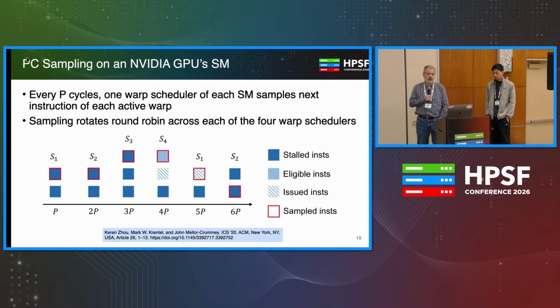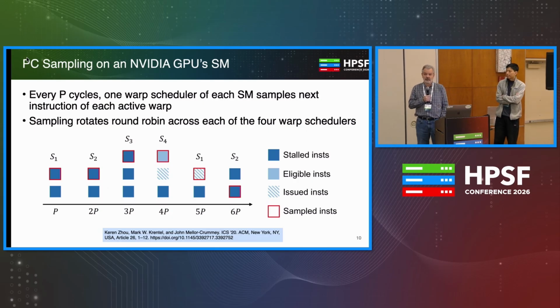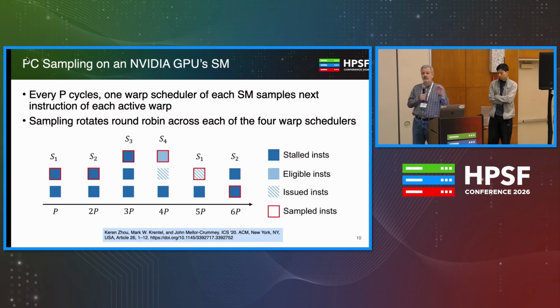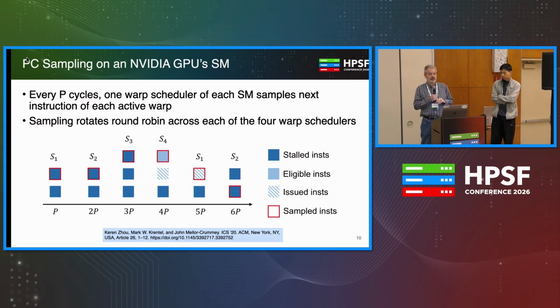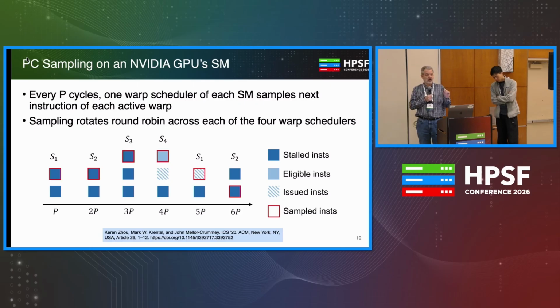With PC sampling on NVIDIA's GPUs, on their streaming multiprocessors, what happens is that every P cycles, where P is your period, there are 4 warp schedulers on each of the streaming multiprocessors. The hardware is going to select one of the instructions from one of the warp schedulers.